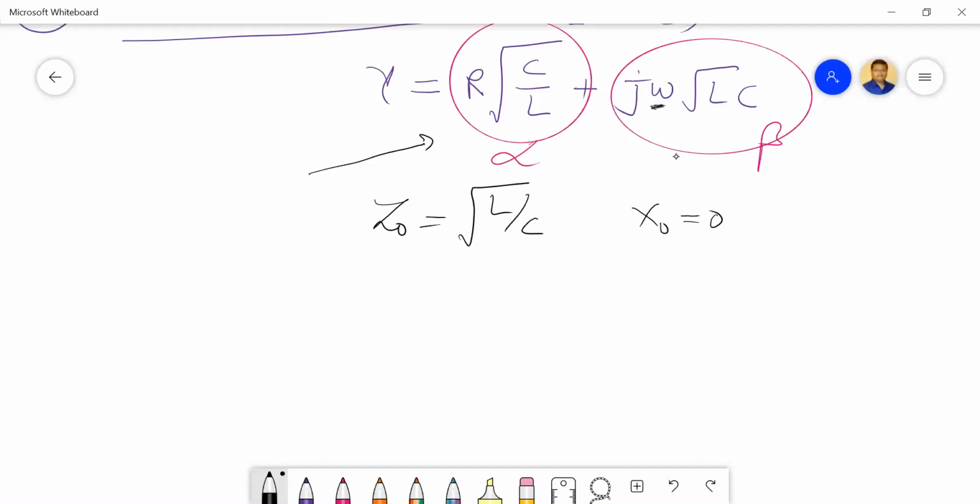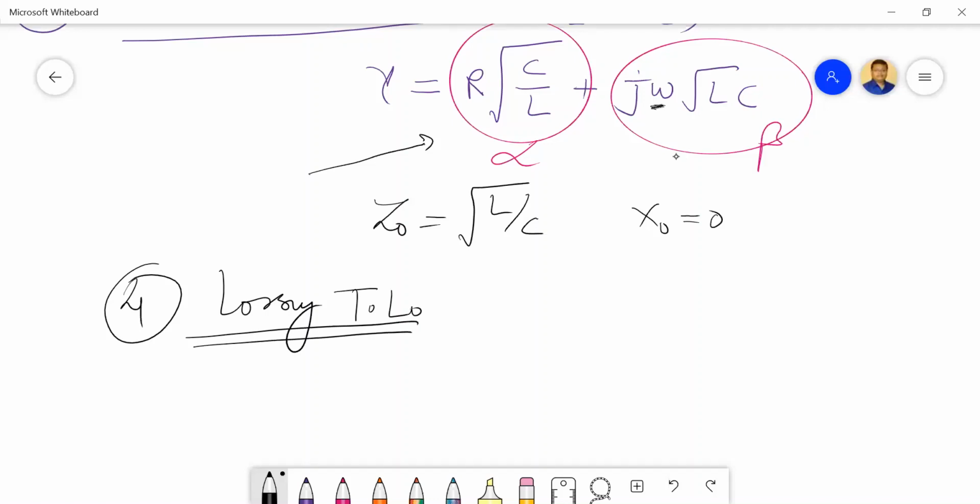And for the fully lossy transmission line, we need to calculate from the whole formula we derived.